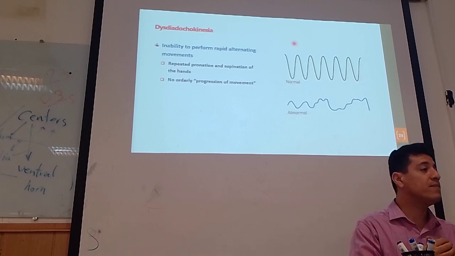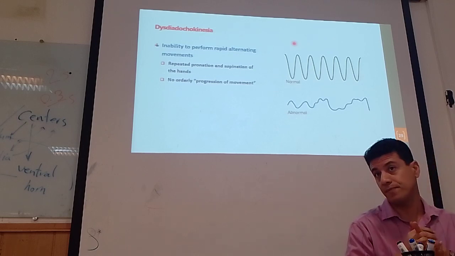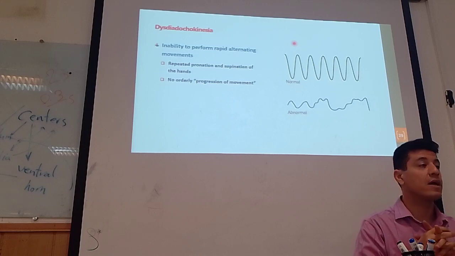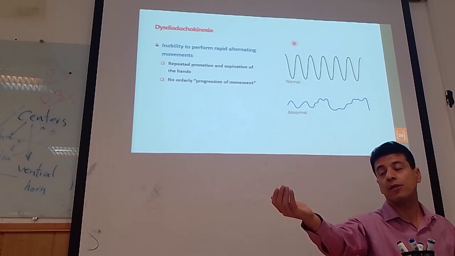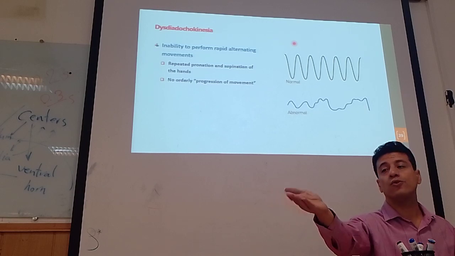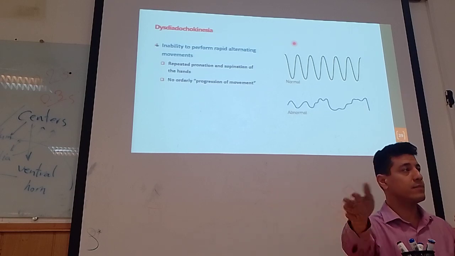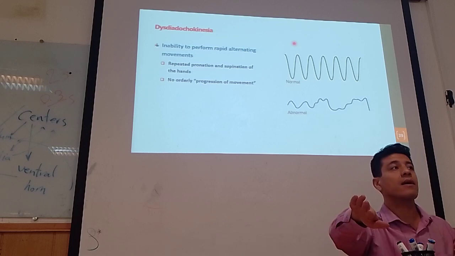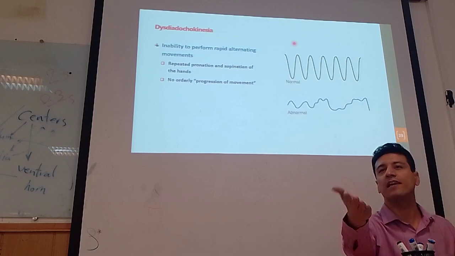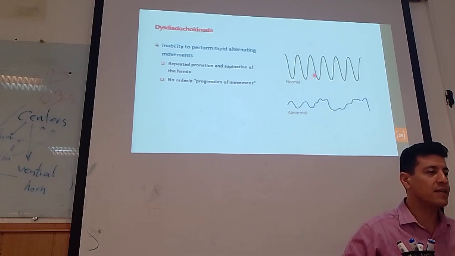Another condition is dysdiadochokinesia. You ask the person to do this movement repeatedly. This should occur smoothly. This is the normal condition.